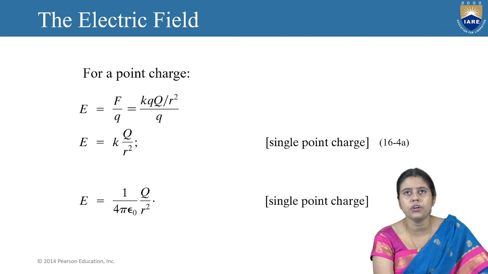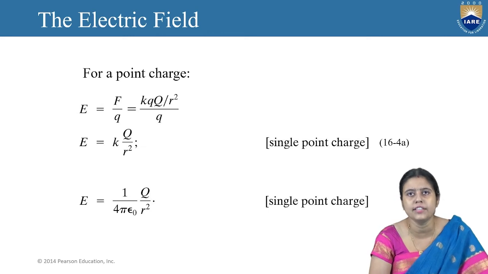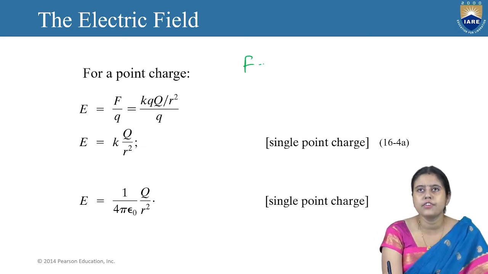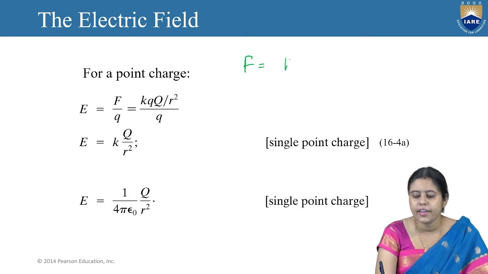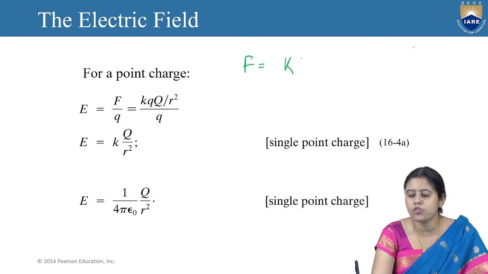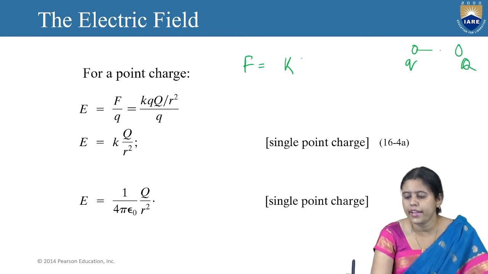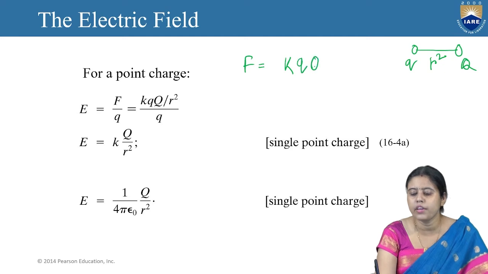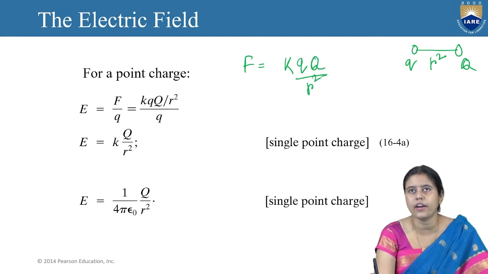So, electric field, we wrote that the force per Q. What is the Q? Q means the amount of charge. So, we already know what is force. Force is nothing but K, if there are two charges, small q and capital Q, and the distance is r, K q Q by r square.